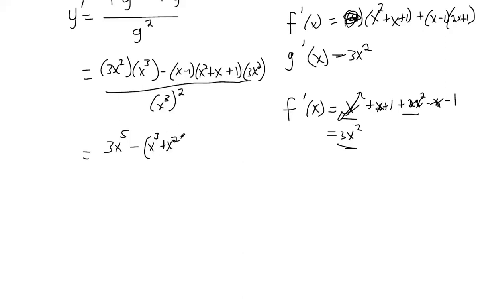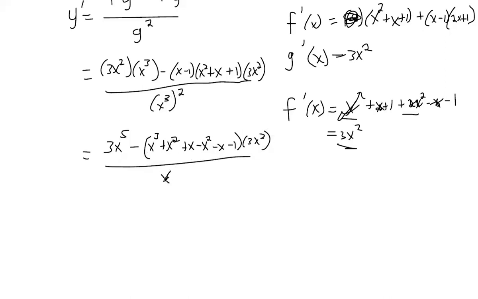I've got x times 1 makes x. And then a negative 1 distributing to everything. Negative 1 times x squared makes negative x squared. Negative 1 times x makes negative x. And negative 1 times positive 1 makes negative 1. And I still haven't distributed this 3x squared here. That's all over x to the third to the second.